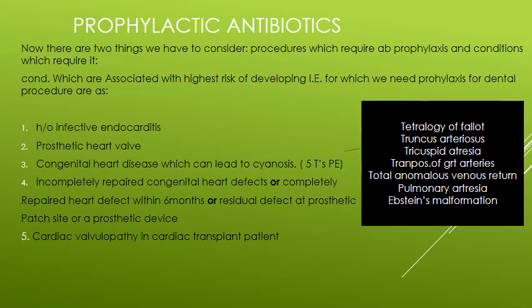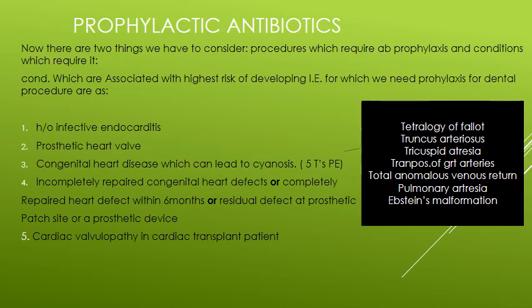If a patient comes to you with this condition but it has been treated, so there is a completely repaired heart defect, and the patient is coming to you after 6 months from the repair, then you will not give prophylactic antibiotics. But if the patient is coming to you within 6 months, you have to give him prophylactic antibiotics and then treat him.